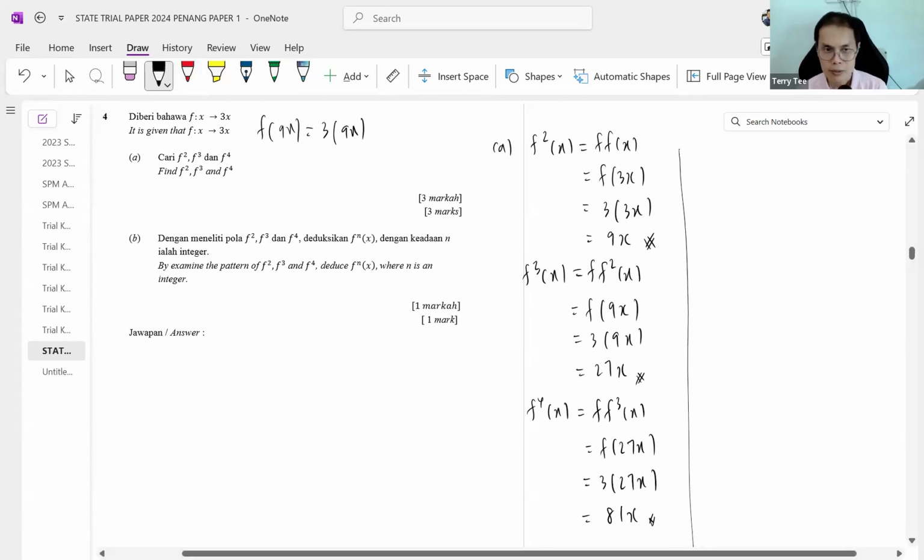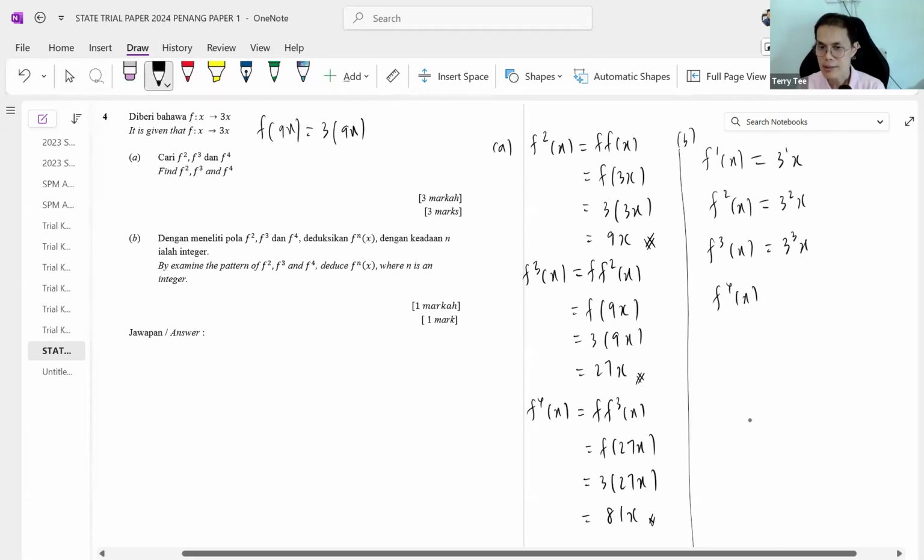Now, next, by examining the pattern of f2, f3, f4, deduce fn(x), where n is an integer. Okay, so we are looking at a pattern here. This is part B. Your f1(x) is 3x, so I want you to think of it as 3 power 1 x. Your f2(x) is 9x, 9 is 3 power 2. Your f3(x) is 27x, 27 is 3 power 3.